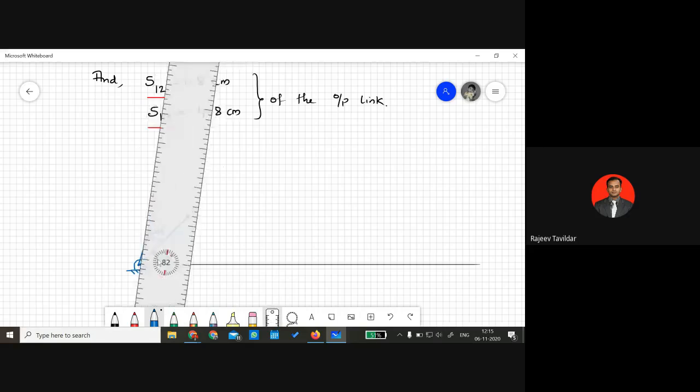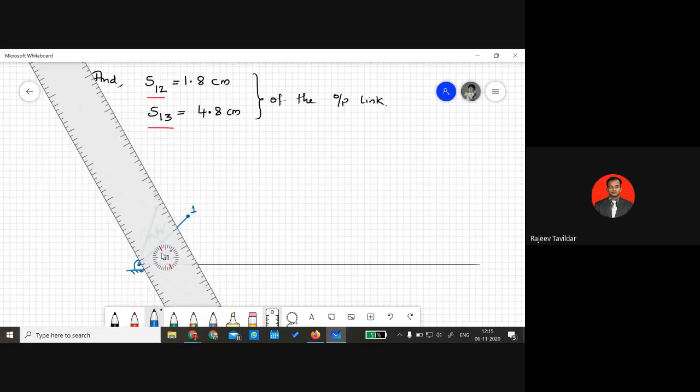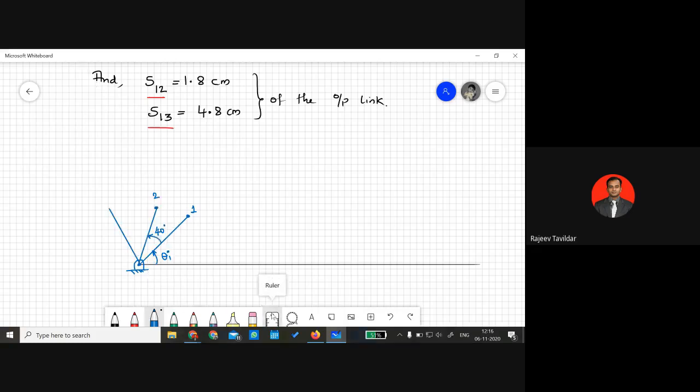Similarly, the third position, okay, this is the third position. And again, theta 1, 3, they have given it as 80 degrees. So from here to here, this angle is 80 degrees. I hope these steps were clear to you.